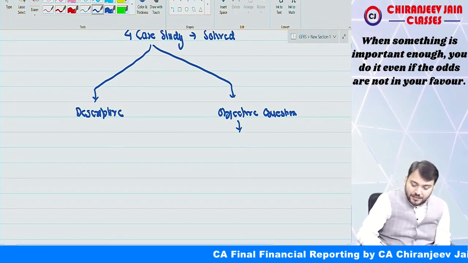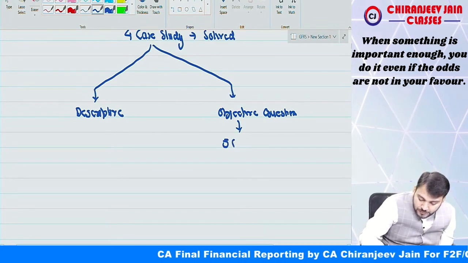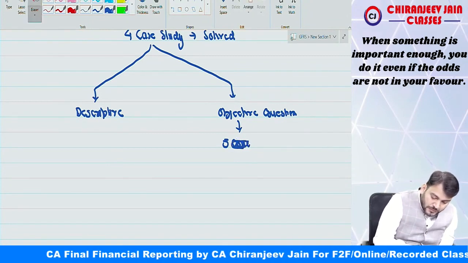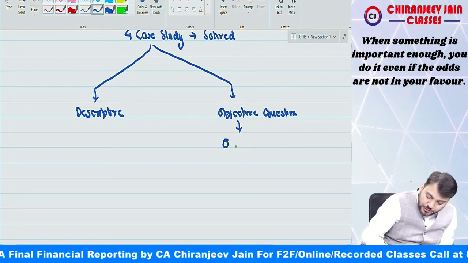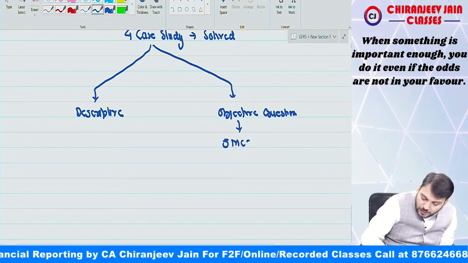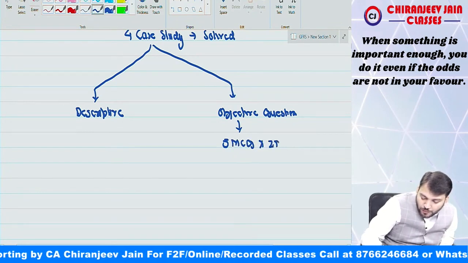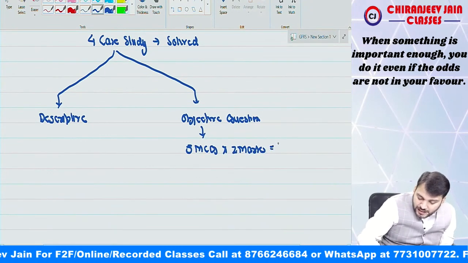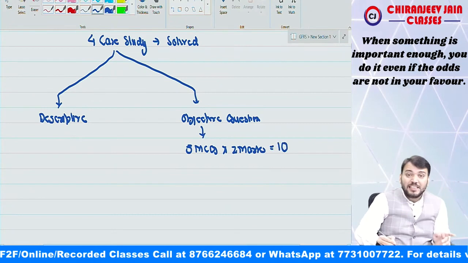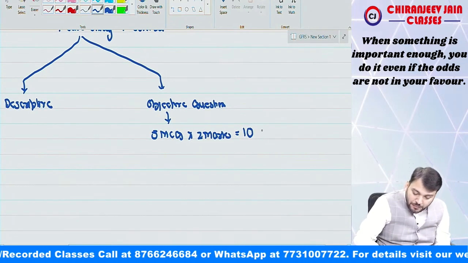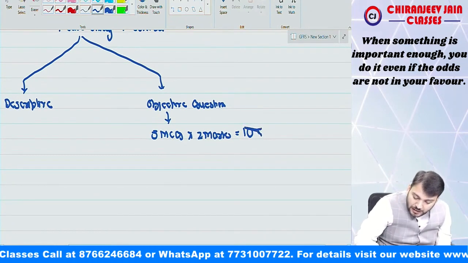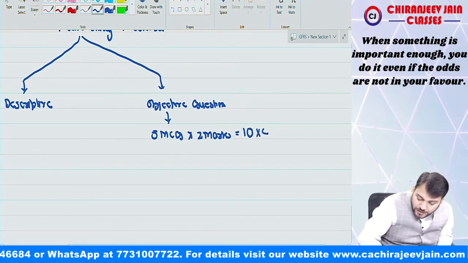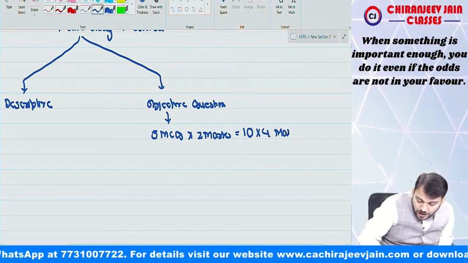For each case study, they will ask five MCQs of 2 marks each. Means it becomes 10 marks per case study, and if there are four case studies, it becomes 40 marks.